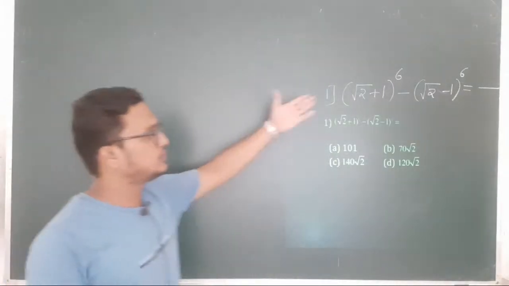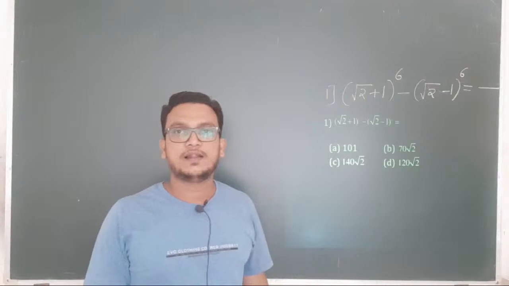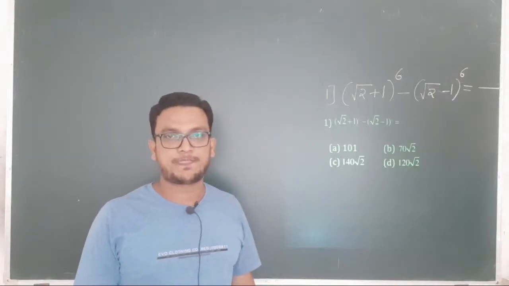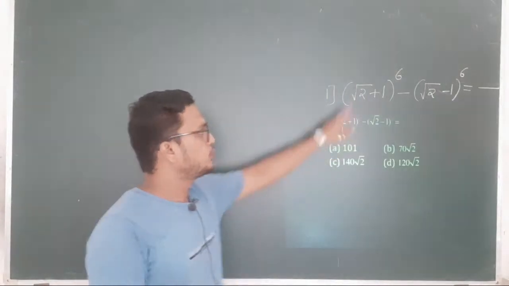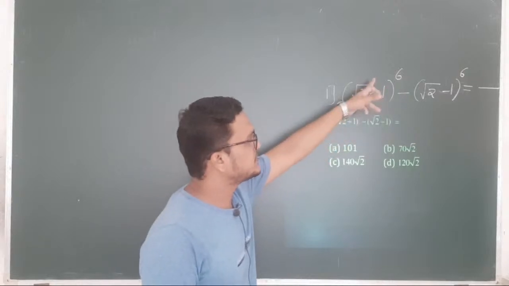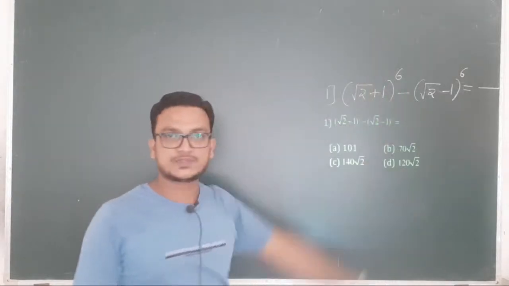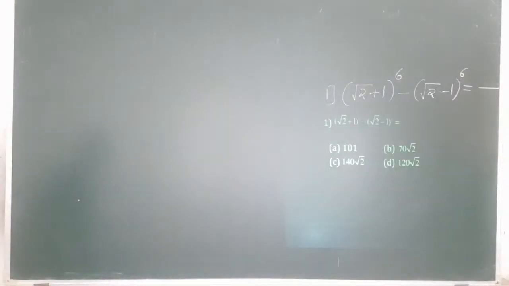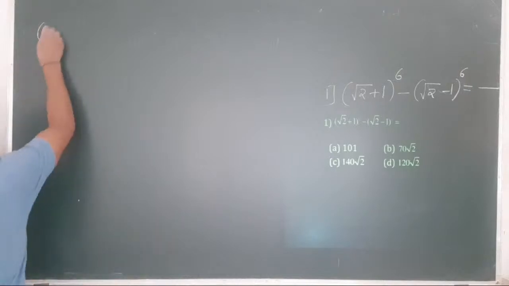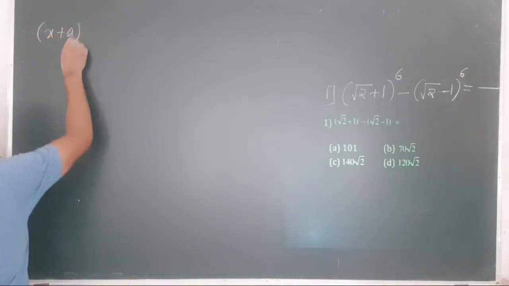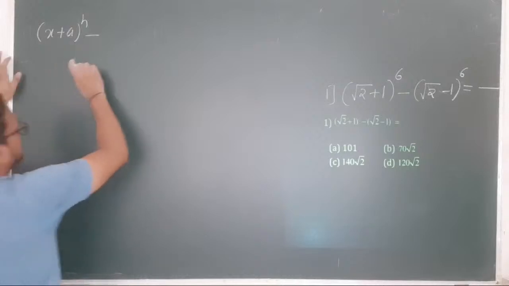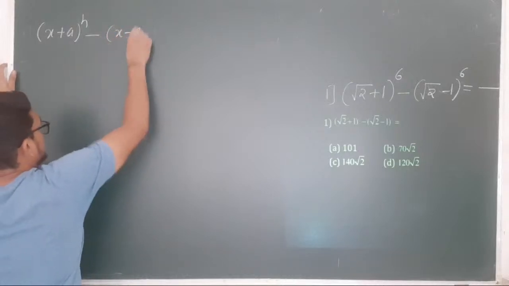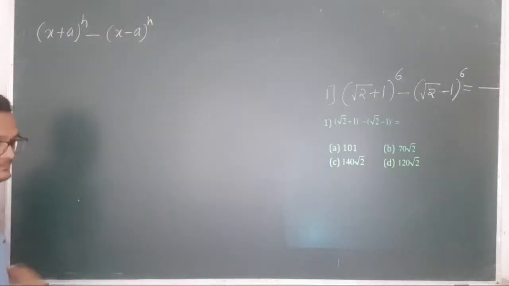Here you have to make use of the binomial expansion. Okay. See here, (root 2 plus 1) to the power 6 minus (root 2 minus 1) to the power 6. Now how are you going to simplify this? I'll tell you one result, (x plus a) to the power n minus (x minus a) to the power n.